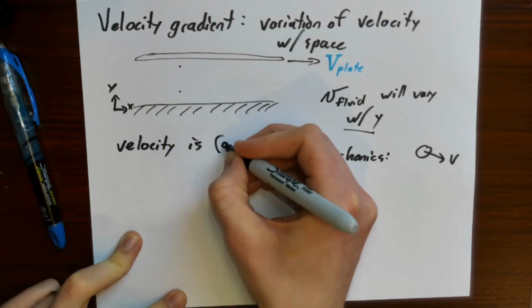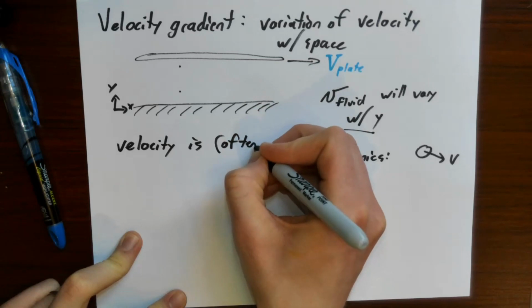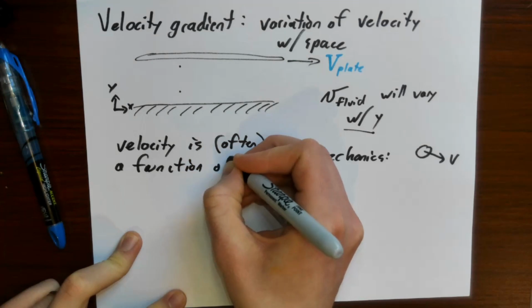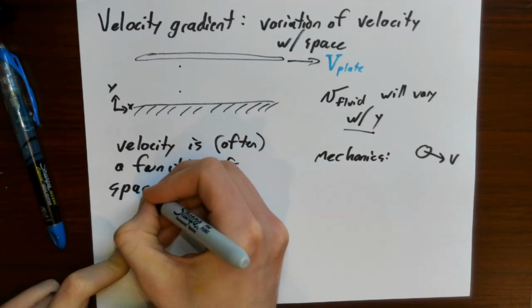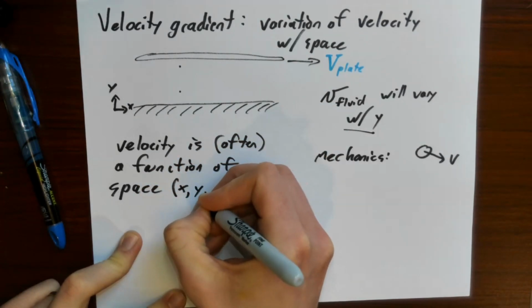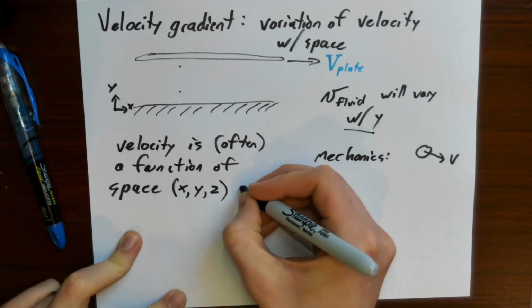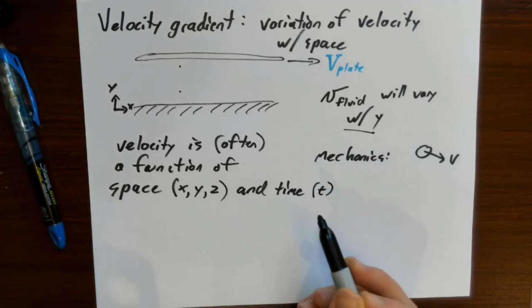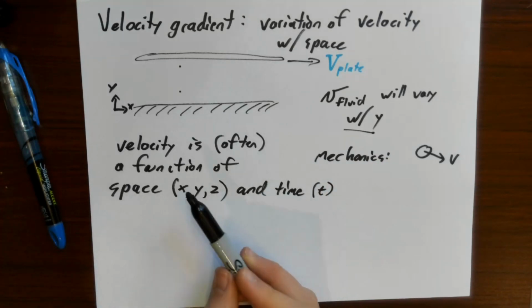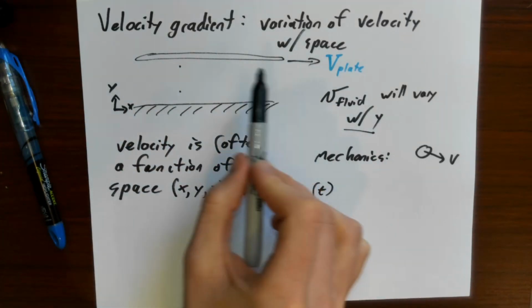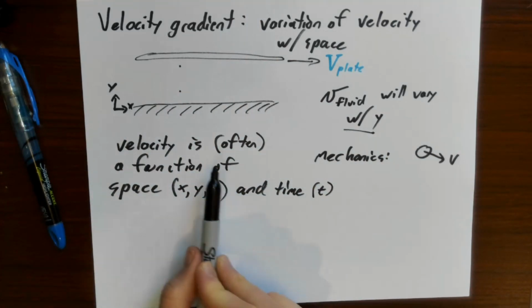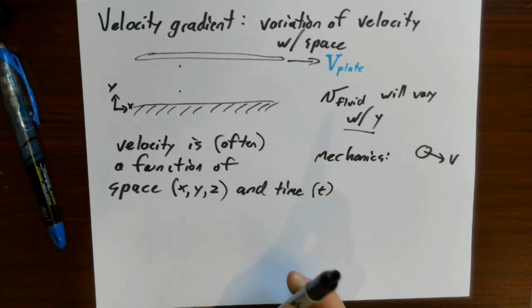So velocity is often a function of space x, y, z, and time t. Right? So we have flows in general where any of the particles of the fluid could have different velocities from any of the other particles in the fluid.